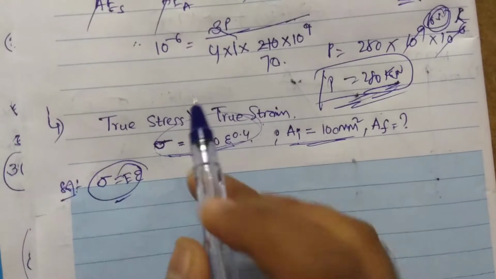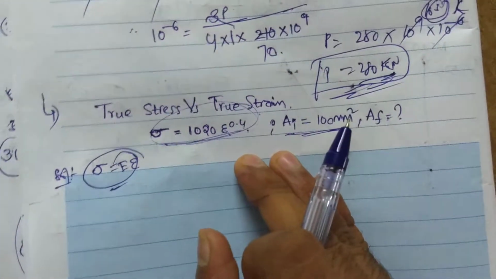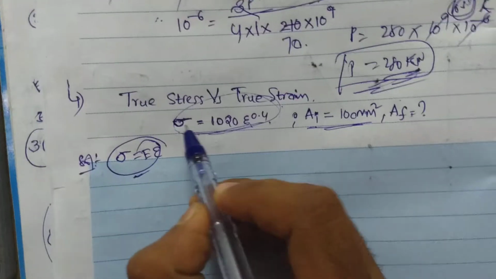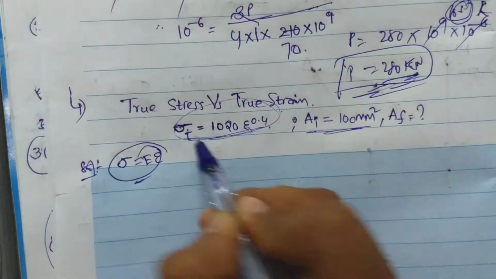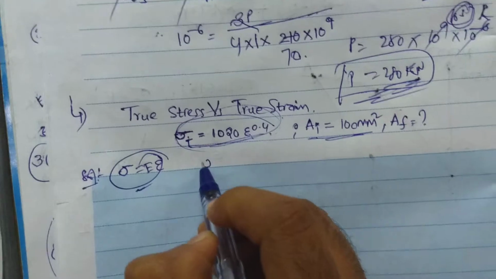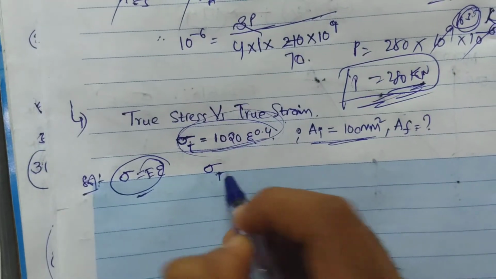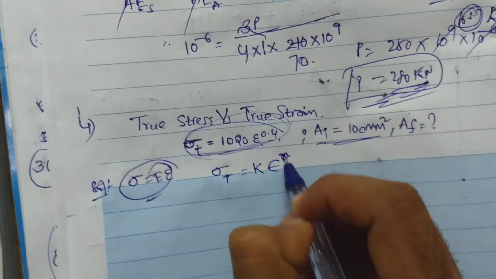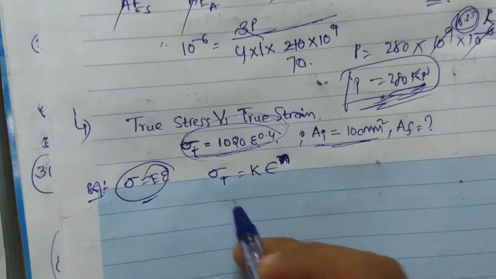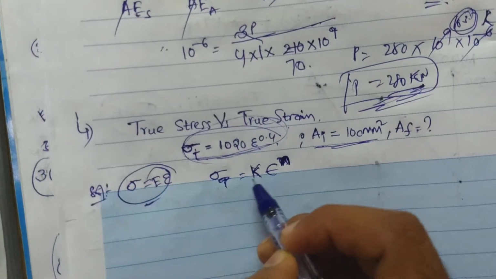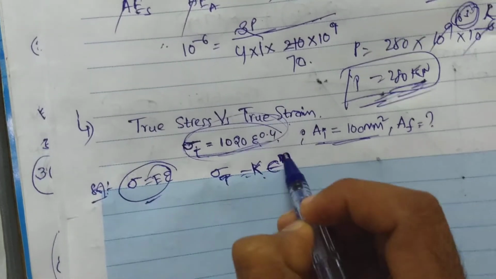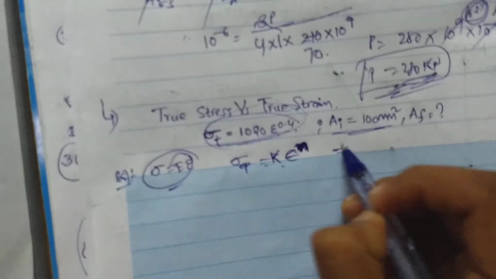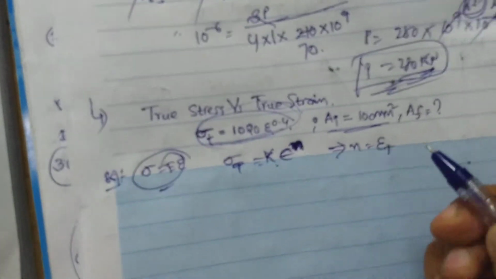So true stress and true strain formulas are somewhat different from the conventional ones. Here the true stress is given by this equation. We know that the standard formula is K into e power n, here 0.4, and true stress is given by multiplication of a constant and e power n, where n is a constant, and the n value is the strain itself.